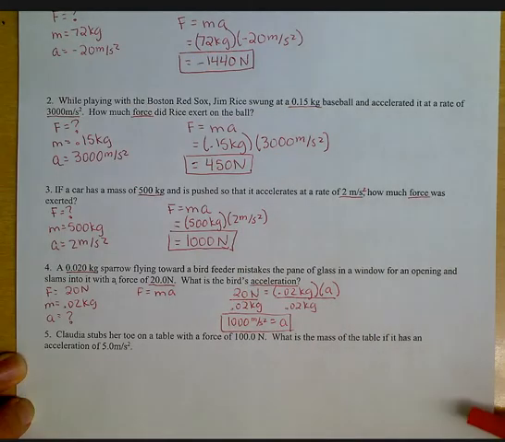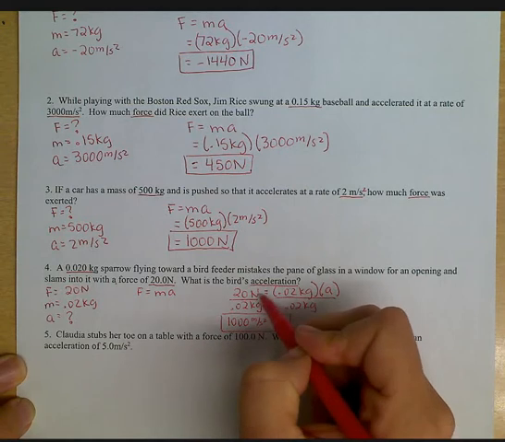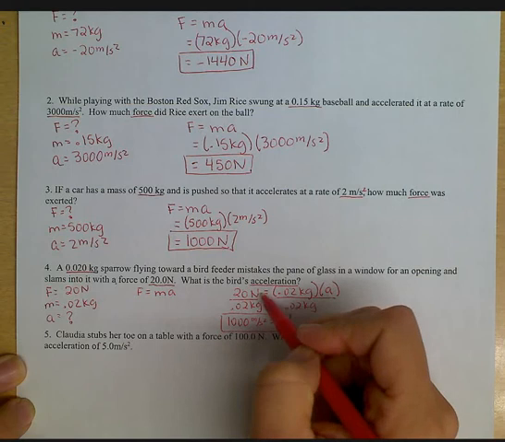You could memorize that the unit for acceleration is meters per second squared, or if you know what makes up a Newton, you can go and figure that out mathematically.